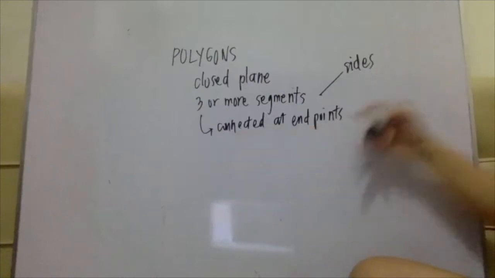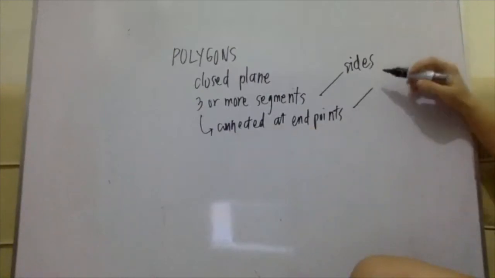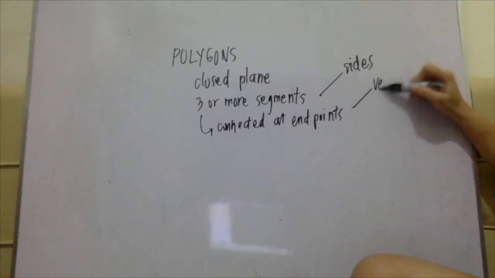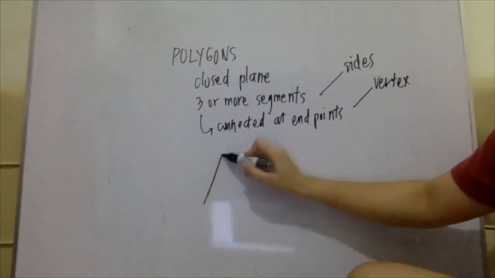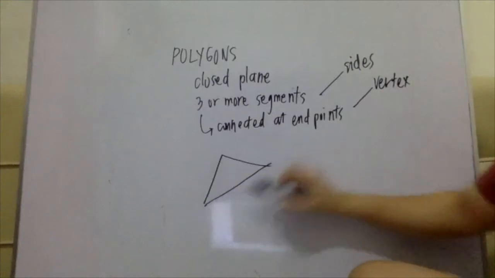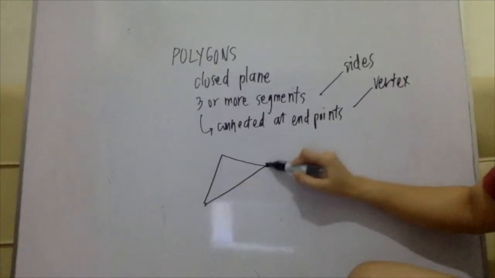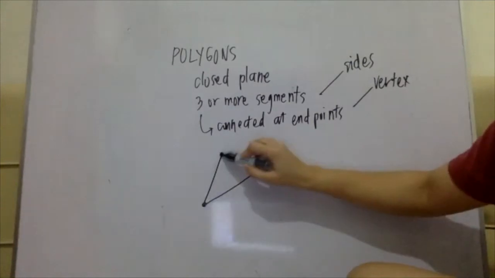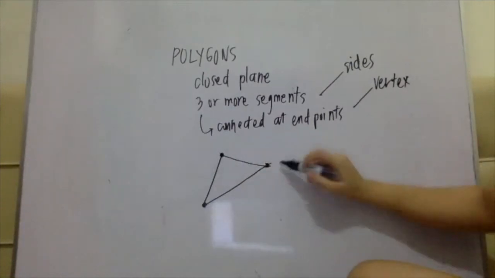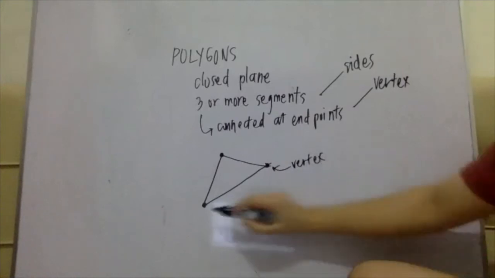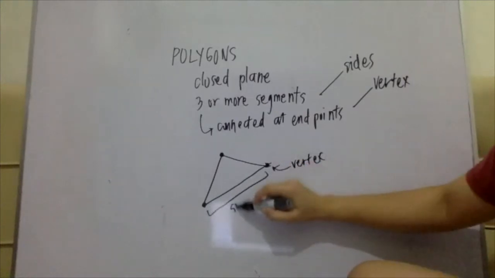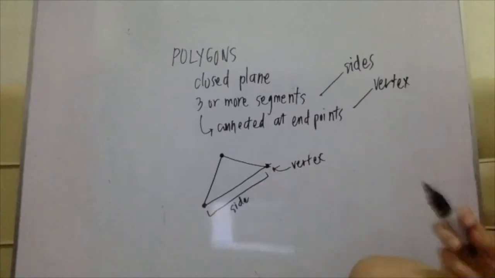And yung connections nila at endpoints, yun yung tinatawag natin na vertex. Okay? So for example, you have this. Ito yung mga vertices natin. Okay? And alam niyo naman na ito tinatawag natin na side.